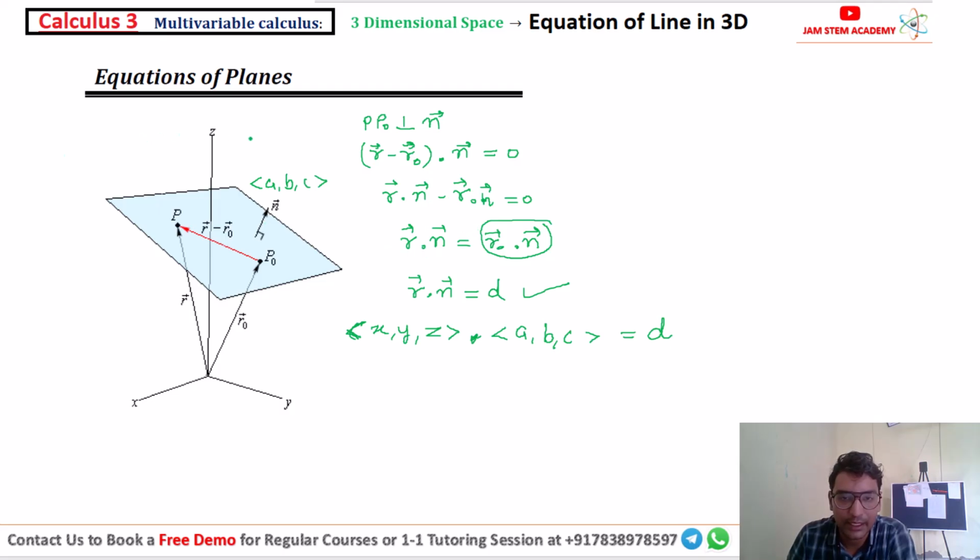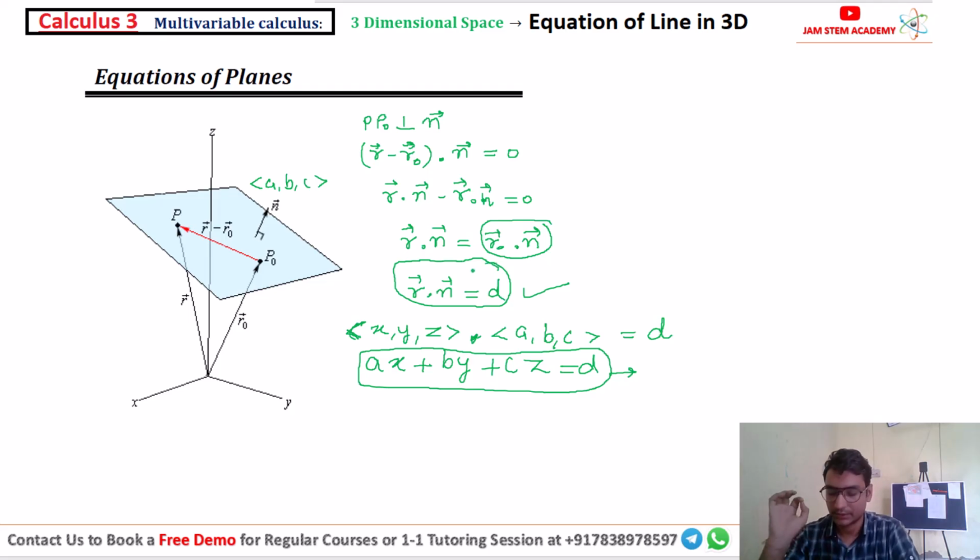So if I simplify it with the dot product, I will get ax plus by plus cz. It gives you a scalar answer, equal to d. This is another equation of the plane. This is the Cartesian form, and that one was the vector form.